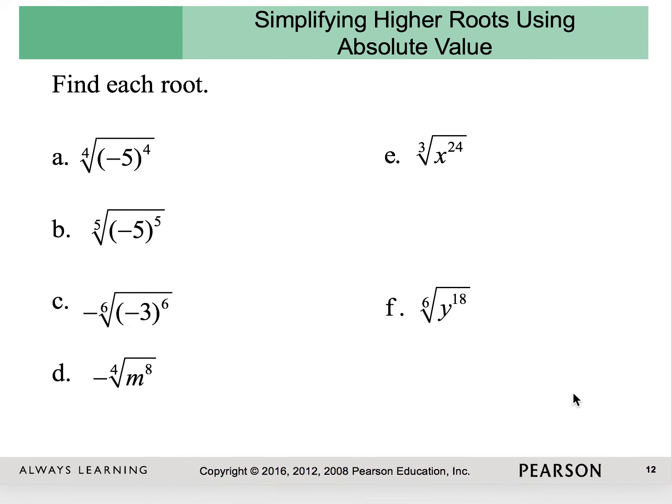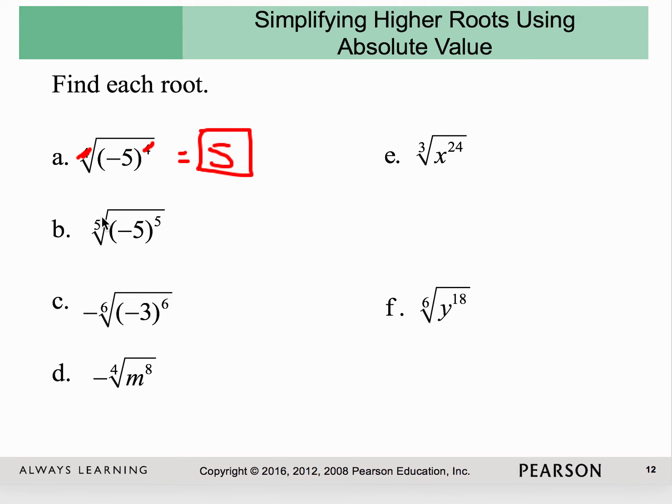Okay, find each root. Okay, what do you think this is? Yeah, these 4s are going to undo themselves, but what about that negative? Yeah, it's not going to be there, right? Because when I raise this negative to the 4th power, this is really going to be a positive number. So it's okay to take the even root.